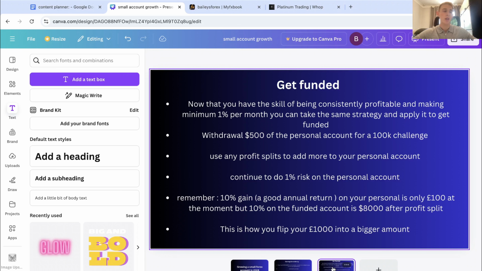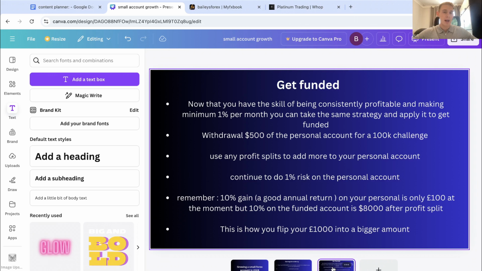So let's say you go from 1,000 to 2,000 in the personal account. I would only increase the risk from £10 to £20. Between 1,000 and 2,000, I would just keep it at £10 until you cross that 2,000, and then you can increase it again to 20. And then when you get to 3,000, increase it to 30, and so on and so forth.